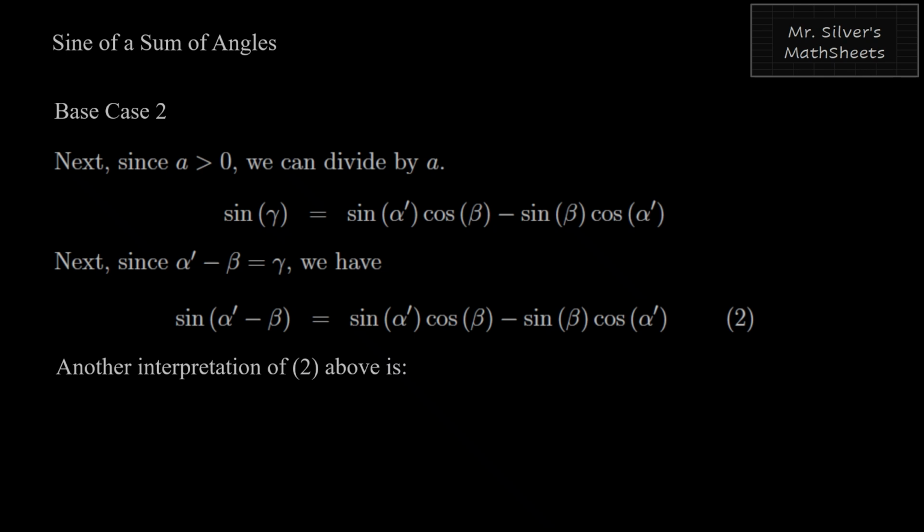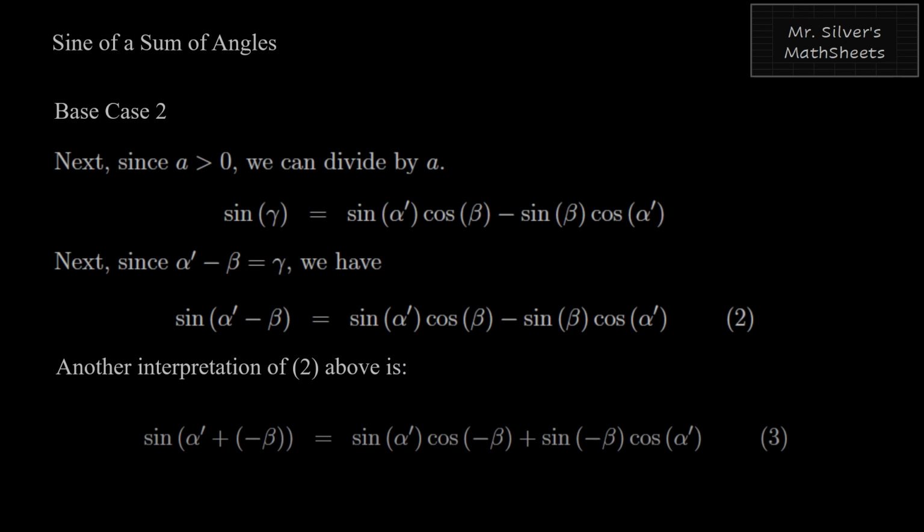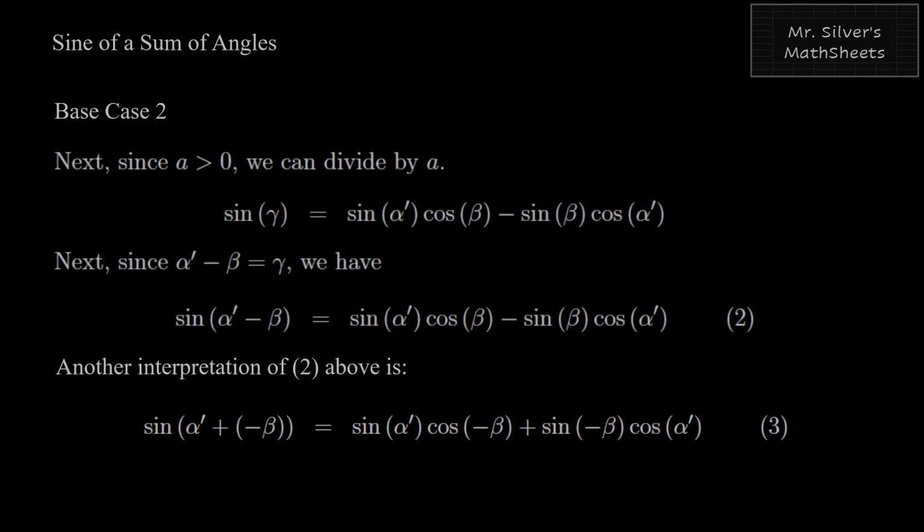But we can change this to something that looks more like the original version by treating minus beta as the angle. And if we treat minus beta as the angle, then we get the sine alpha cosine beta plus sine beta cosine alpha form on the right hand side.